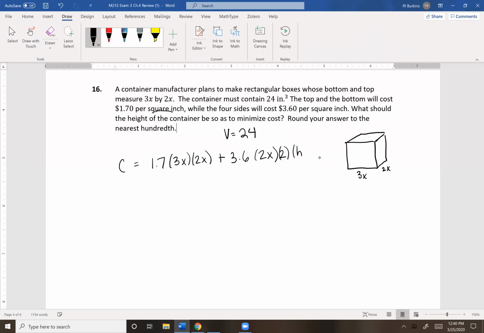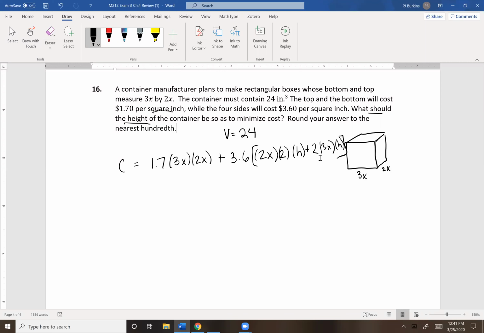And they're going to have height h, because notice they say, what should the height of the container be? So that's the thing we're trying to find. So let's see, we've got 3.6 times the two sides, which are 2x by h. And then there are two other sides that are 3x by h.